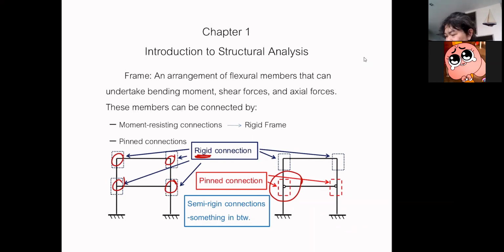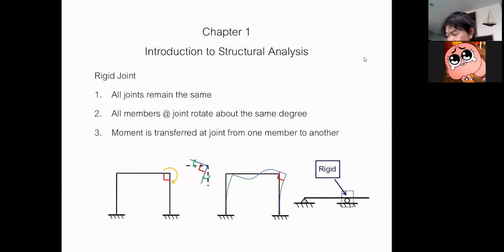Okay, so what is the meaning of the rigid joint? Here it is. You should know that all the joints will remain the same, just like a simplified word. That means if the original angle before the deflection is 90 degrees, for example, your frame can look like this. It doesn't have to be 90 degrees.